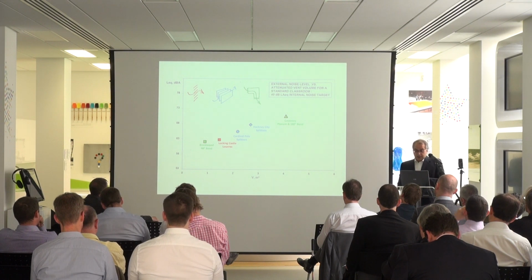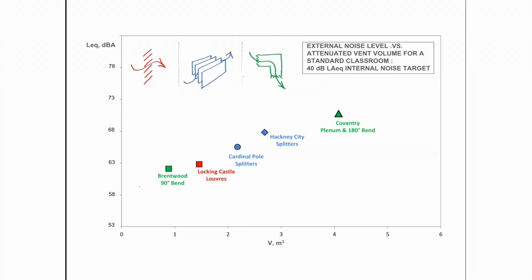So basically what this graph says is that as the noise level increases outside, and for a fixed amount of ventilation, here 1 cubic meter per second, that is more than the minimum required for fresh air, it already takes into account some cooling in summer. There's some allowance for it, but as a reference case it is 1 cubic meter per second.